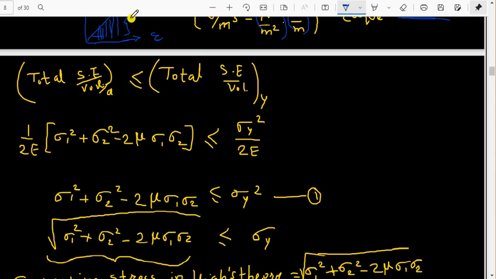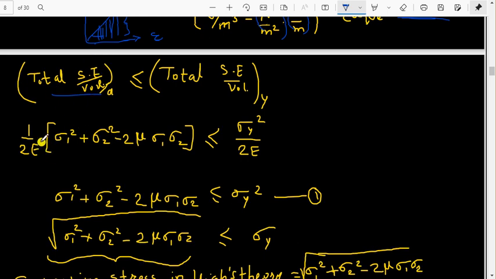We will put these values from the above formula. Half 2E into sigma 1 square plus sigma 2 square minus 2 mu sigma 1 sigma 2 should be less than sigma y square by 2E. We have got this from the stress strain curve. So the final equation will be sigma 1 square plus sigma 2 square minus 2 mu sigma 1 sigma 2 should be less than sigma y square or Syt square.